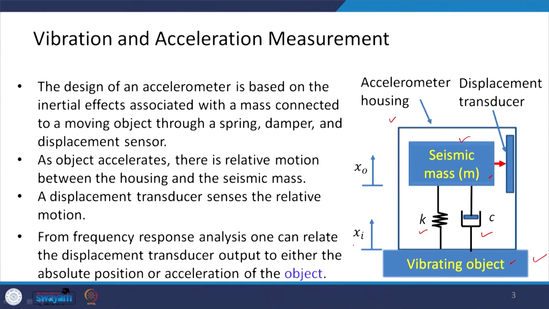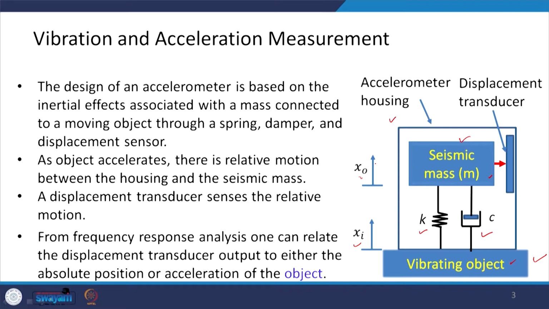Here I am representing by xi the vibrating object motion, using subscript i to indicate that it is the input, and xo indicates the displacement of the seismic mass, which actually indicates the output. So, the output is the relative displacement between the seismic mass and the vibrating object.